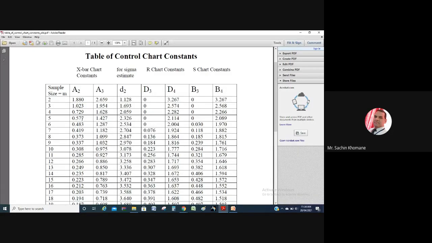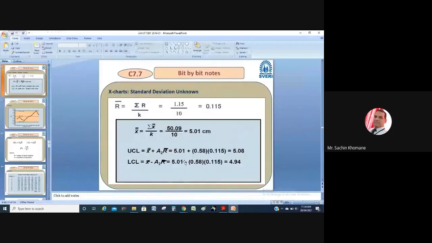So what is the value of A2 for 5 samples? 0.577. Let us see what value I have taken here. 0.58, a round figure. Instead of 0.577, I have taken 0.58. So, getting how to find the value from this chart?